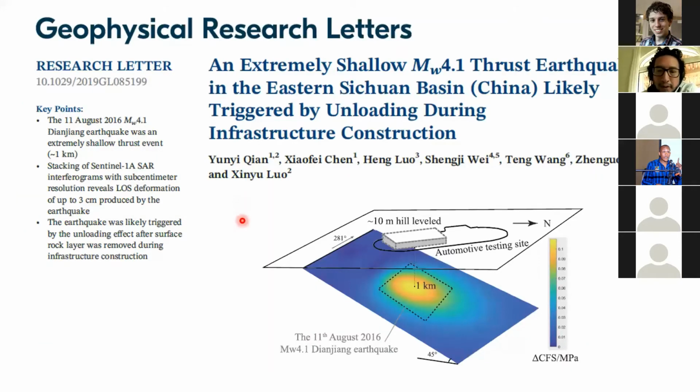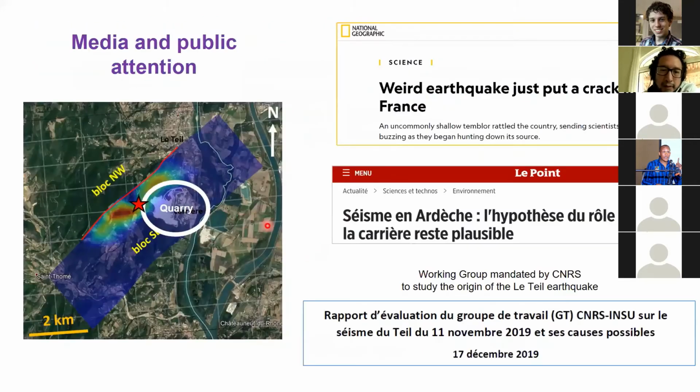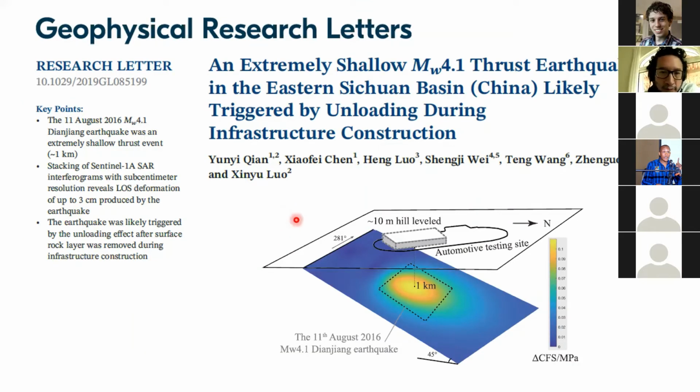All right, so why is this not a crazy idea to consider? Well, we can put some order of magnitude numbers. Chao will talk about that, but also we can think about whether anything similar has happened in the past.